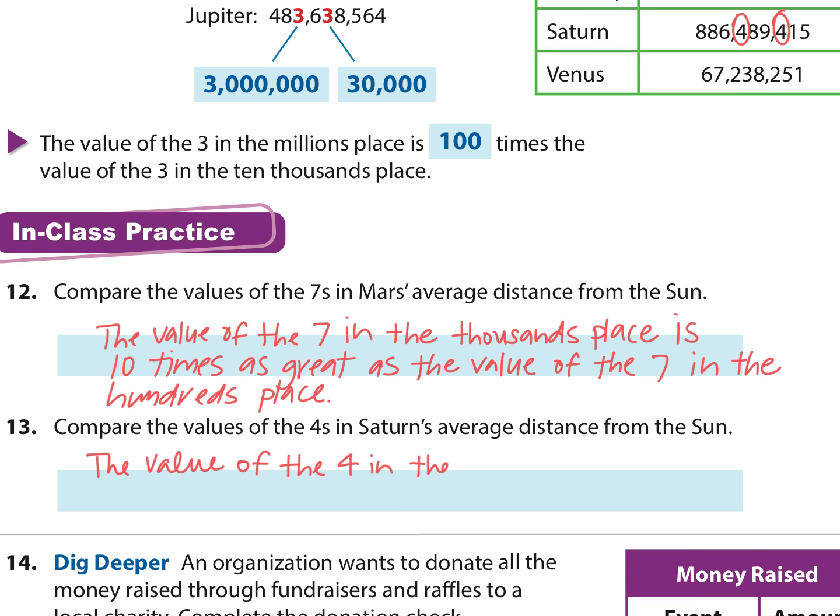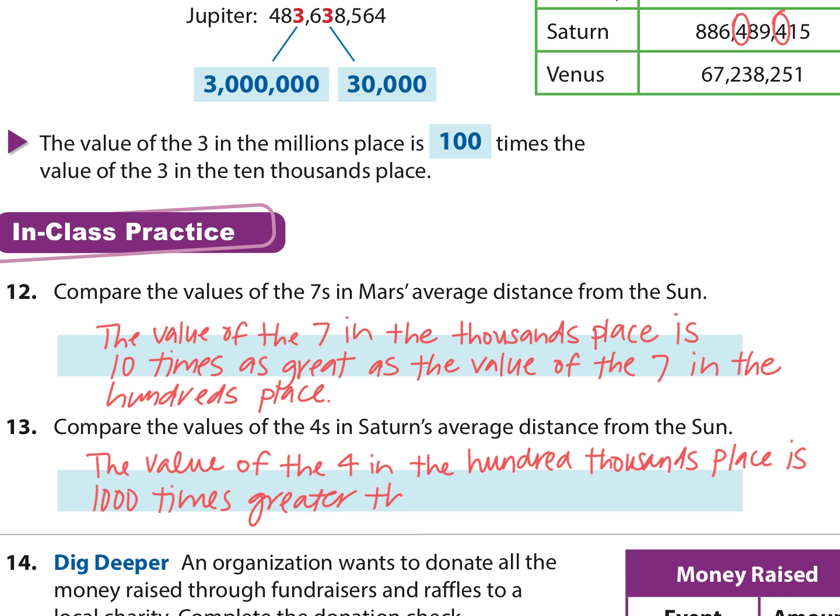So this one's going to say the value of the 4 in the 100,000s place is 1,000 times greater than the 4 in the hundreds place.